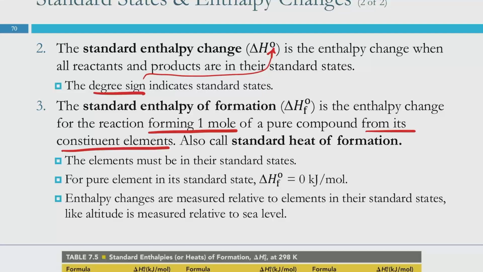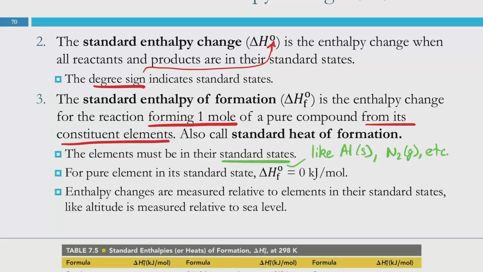For standard enthalpy of formation, the elements must be in their standard states. I think aluminum, we would be specifying that it's a solid. Sometimes there's more little labels that they have after them. So the elements have to be in their standard states.